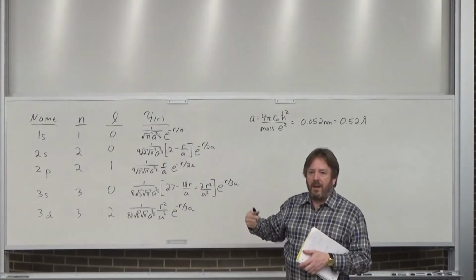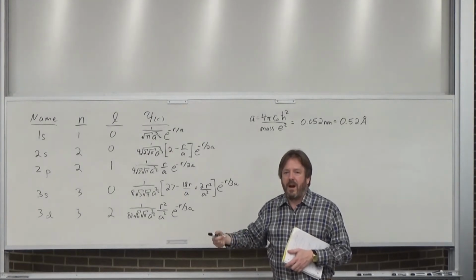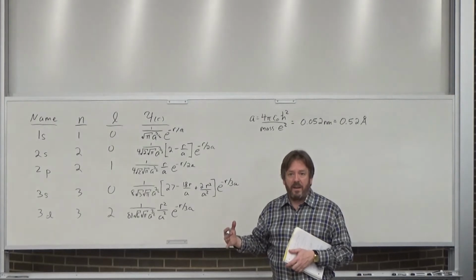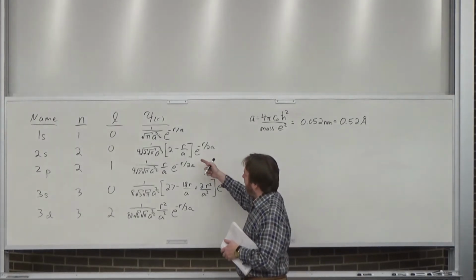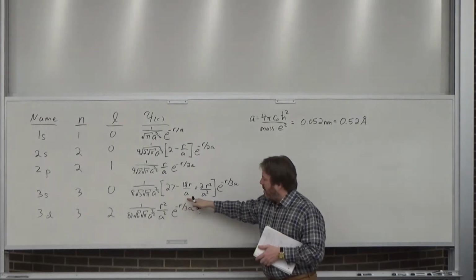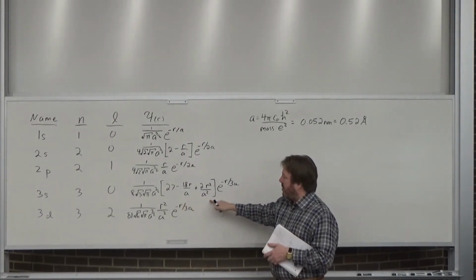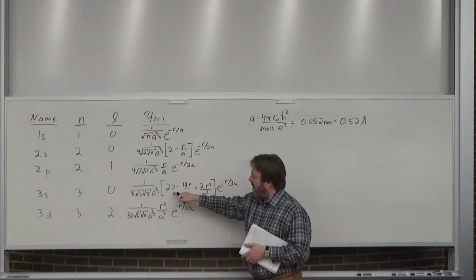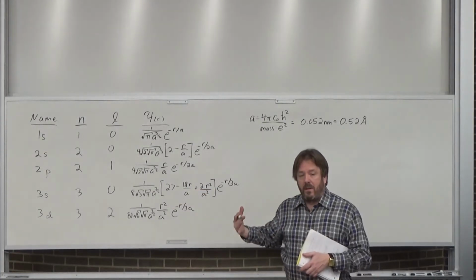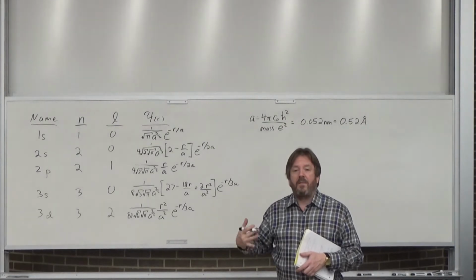It's like x squared plus x plus a constant: you can have crossings, or you can have 0 crossings. To emphasize that, let's look at the 3s. The 3s state has an even more complicated polynomial. Now we see an r squared, an r, and a constant, so the square of a function can have 2 zeros.